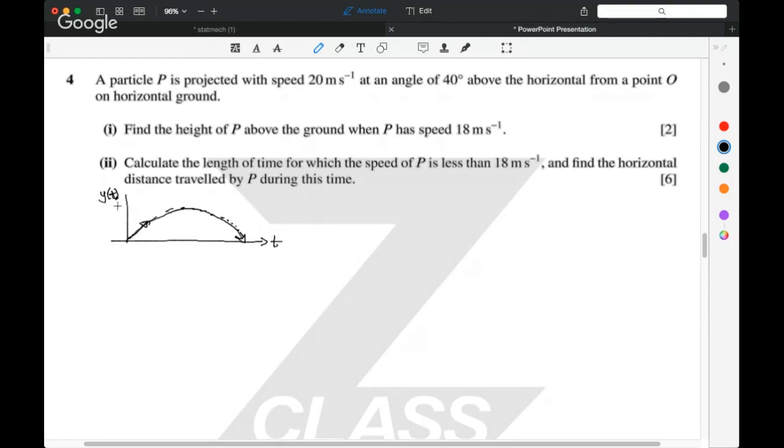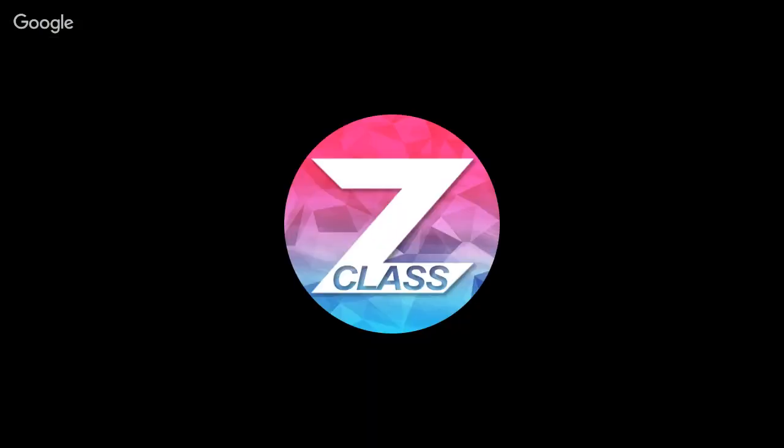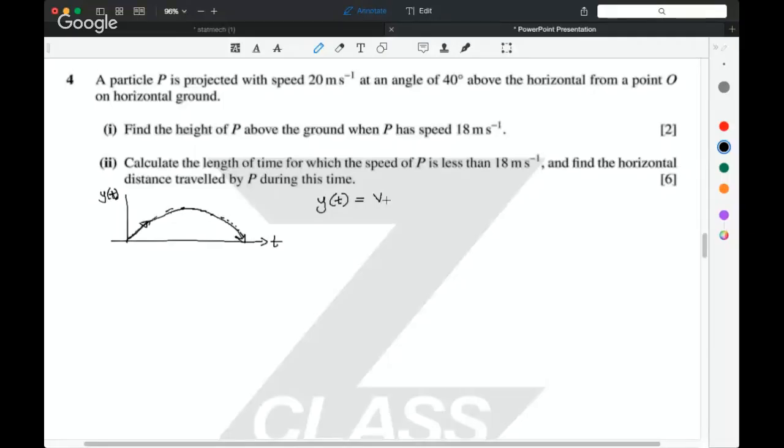So y of t is initial velocity times time, minus 1/2 g t squared. Well, that's just the equation of a sort of frowny face parabola, right?